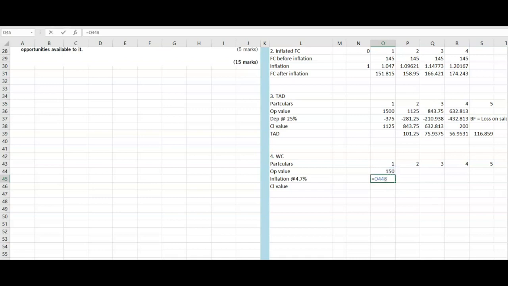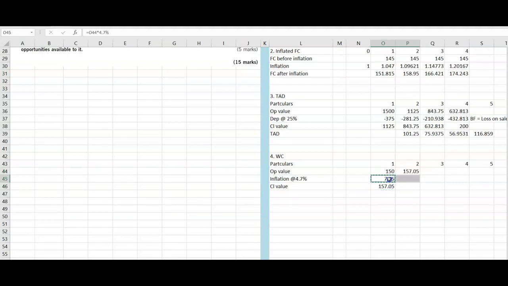So it is going to be multiplied by 4.7 percentage, which is going to get added. If that gets added, you just have to sum it. So we got the total number here. This number is going to be the opening for the next year, which is 157.